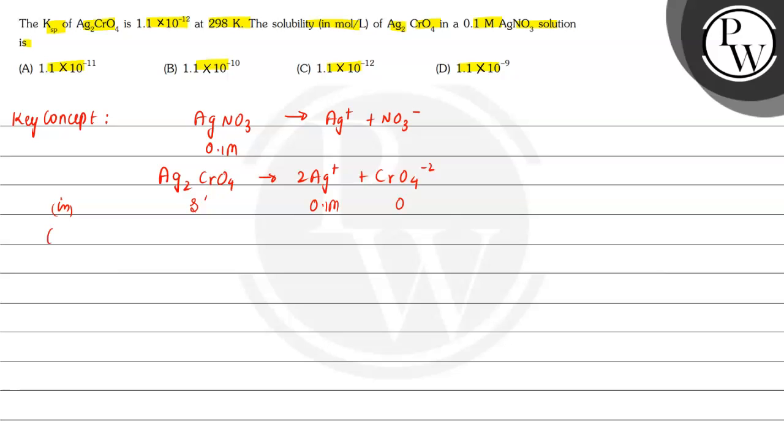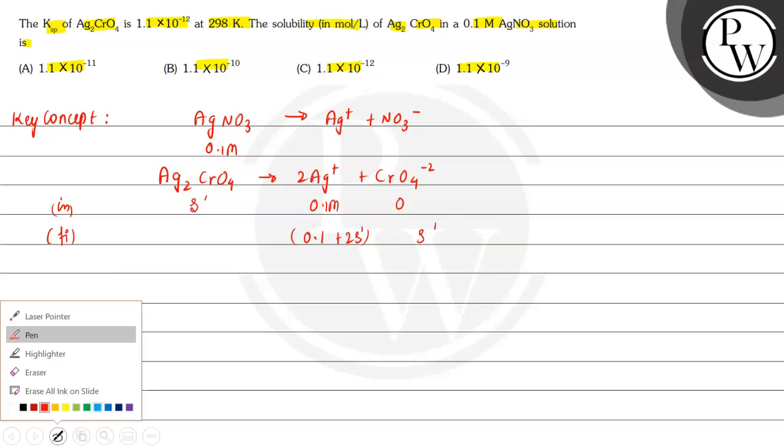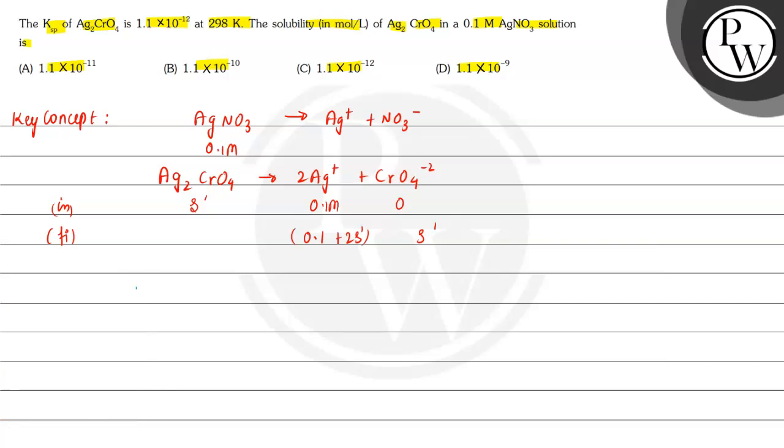After some time, or when equilibrium is reached, finally for Ag plus this will be 0.1 plus 2 S dash as the concentration, and for CrO4 minus 2 this will be S dash. So here the solubility product constant, that is KSP, will be equal to the concentration of Ag plus whole square multiplied by the concentration of CrO4 minus 2.